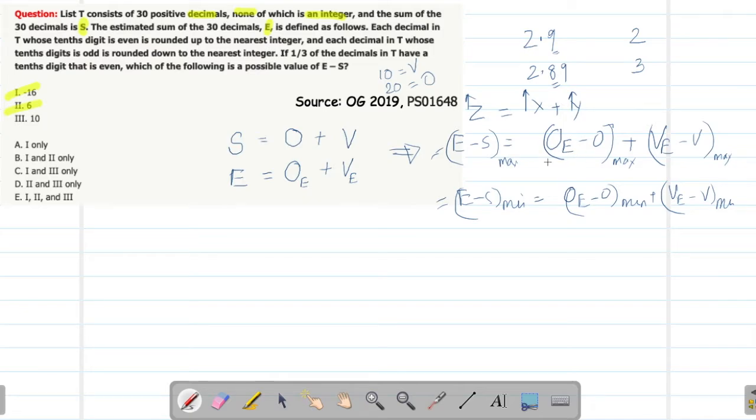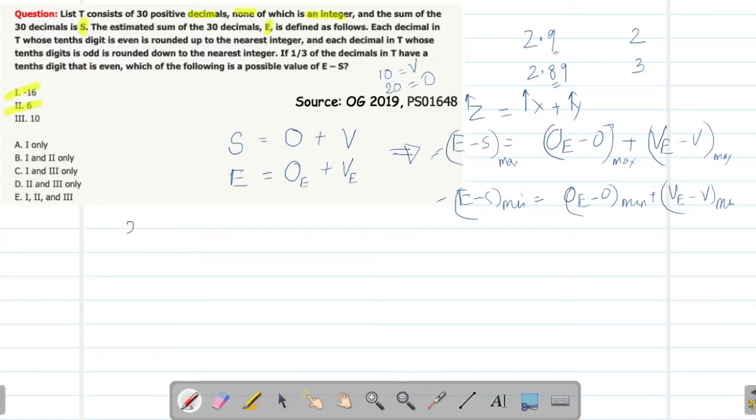So first thing is, what is the maximum possible OE minus O? Let's figure out this OE minus O max and VE minus V max. Let's look at OE minus O first. So O are the numbers with 10th digit as odd.